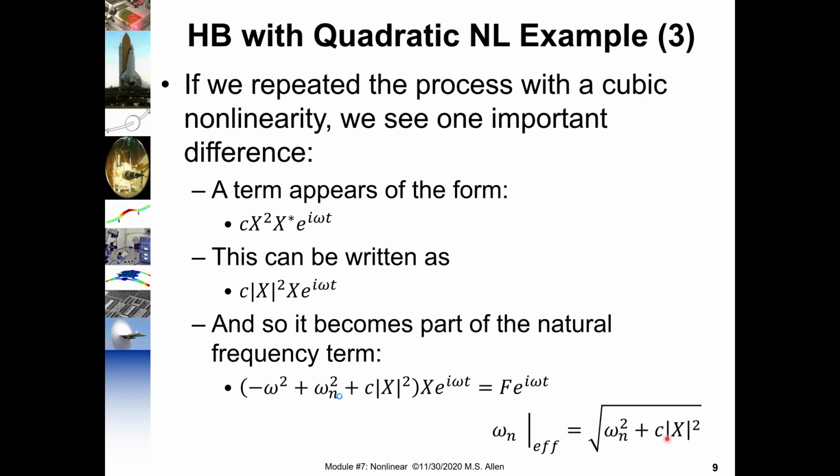And this is the second important observation we can make about nonlinear systems. The frequency of vibration will, in general, depend on the vibration amplitude. And we can also show that damping can also depend on vibration amplitude, but we'll get there in a while.